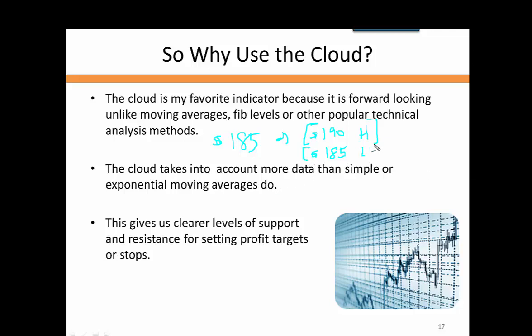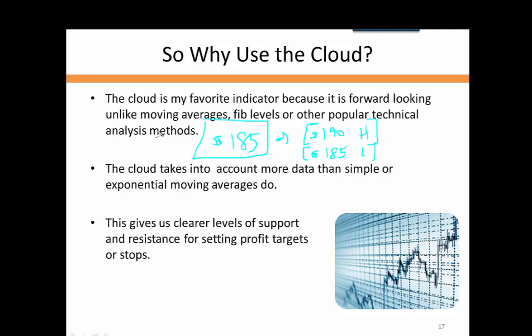But using a moving average, it's just going to give you the closing price. So one of the problems with moving averages is it only looks at the closing price. It does not take into consideration highs and lows. What does take into consideration highs and lows is the Ichimoku cloud.